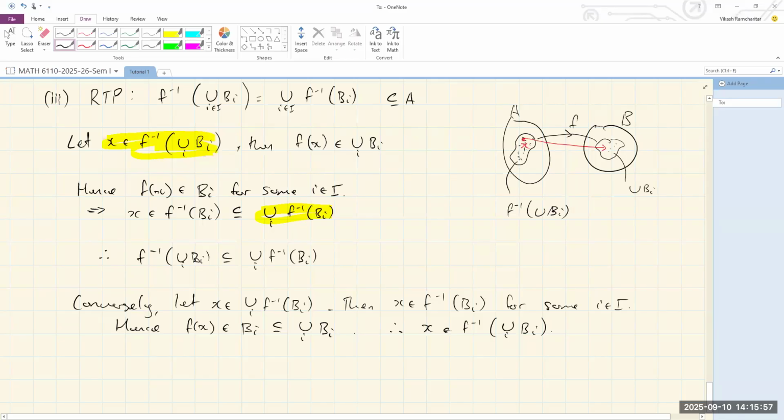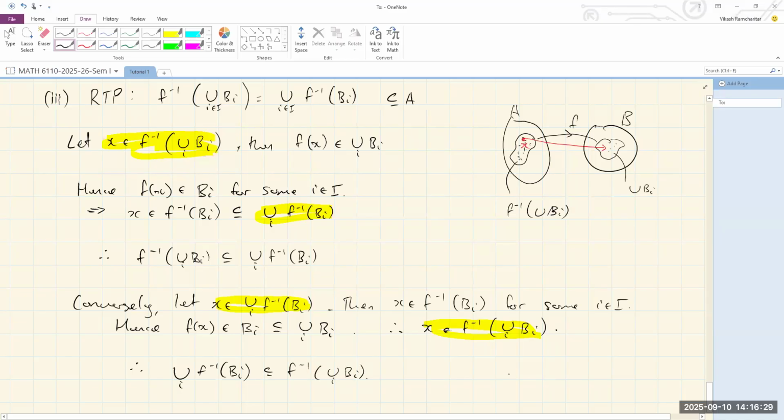And yeah, that's the last line, so we're done there. So what did we show? We took an x in the union of f inverse of B_i's, and we showed that x is in f inverse of the union. So the union of f inverse of B_i's is a subset of f inverse of the union of the B_i's.